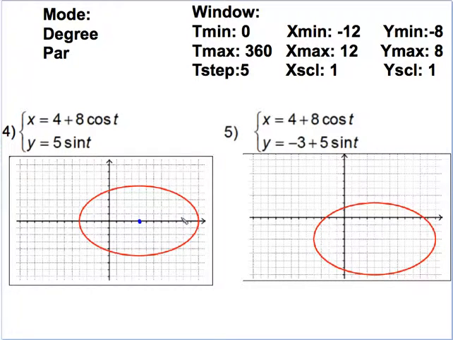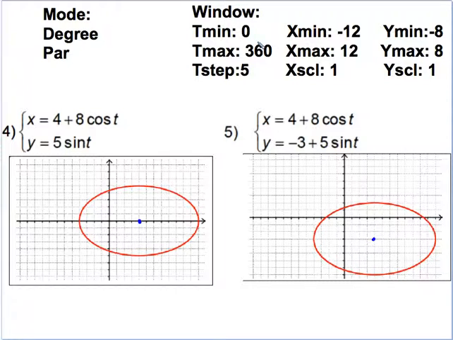And then just draw your ellipse as neatly as possible. I'm not going to be super picky on it. And then this one, your center was at 4 and -3, so approximately right there. And then you did 8 over this way, 8 over this way, and then 5 up and 5 down.